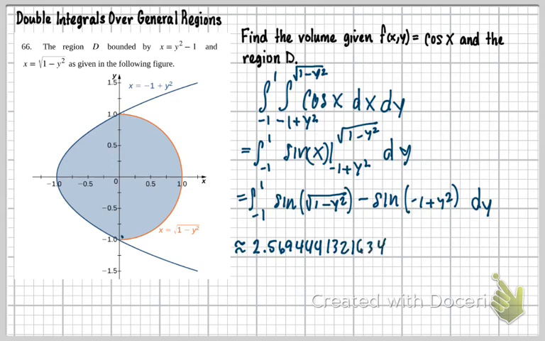So that's what I ended up with for my volume there. And I knew this was going to be nasty because I picked the cosine of x, and one of my bounds was a square root function and a squared function. That usually adds a level of complexity to do it by hand. But this is our answer for this one here. So that's it.